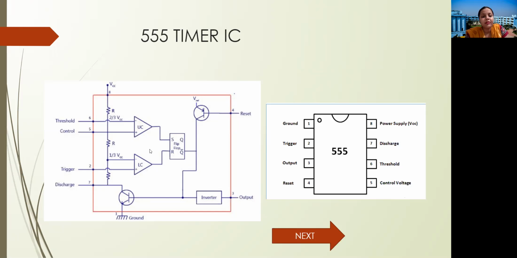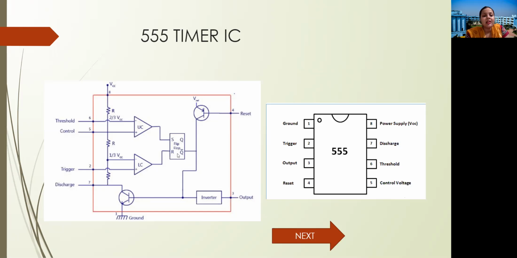Now the output of these two comparators are connected to a flip-flop, which is SR flip-flop. Here S stands for set and R stands for reset. Q and Q bar are the output. So when set input is on, its output Q will be 1, and if Q is 1, Q bar will be 0.